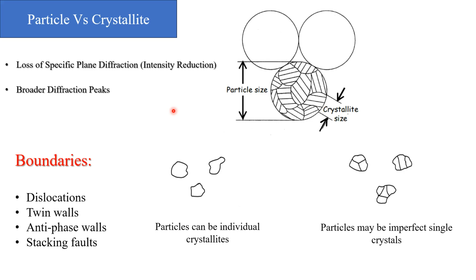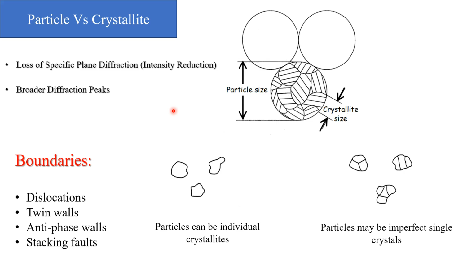So there will be no more preference for diffraction, unlike bulk materials, because in bulk materials there is more probability of preference in plane diffraction than in nanometric scale samples. So the sharpness of the peaks will be reduced, and the intensity reduction can be seen in our XRD pattern.